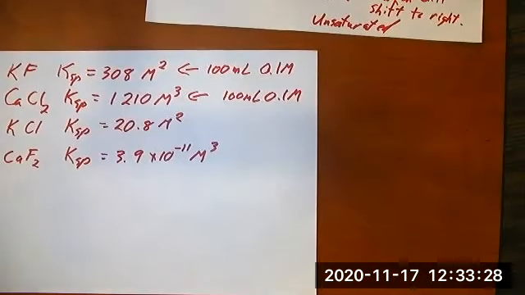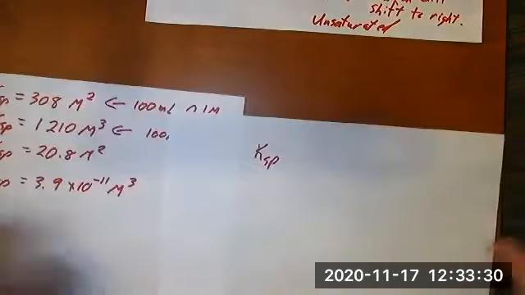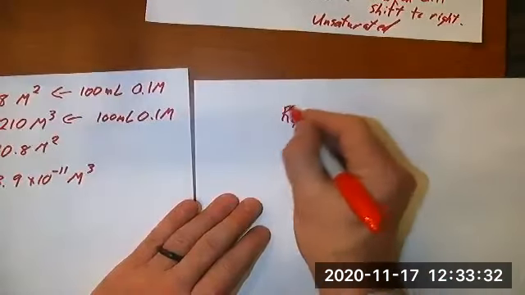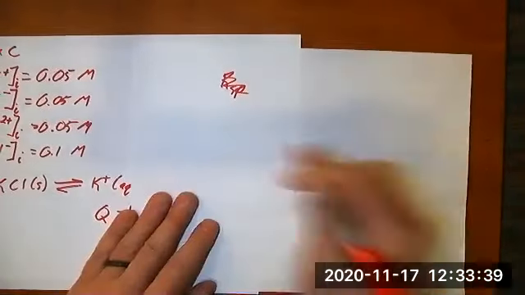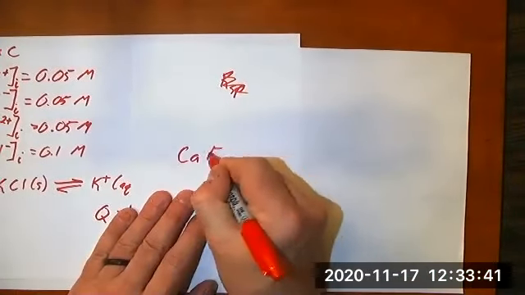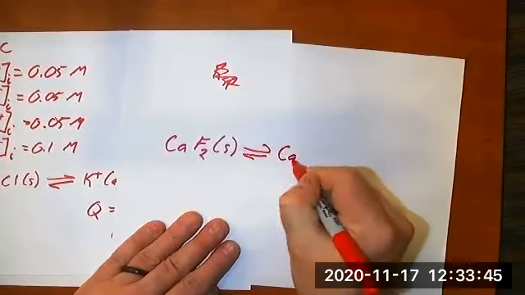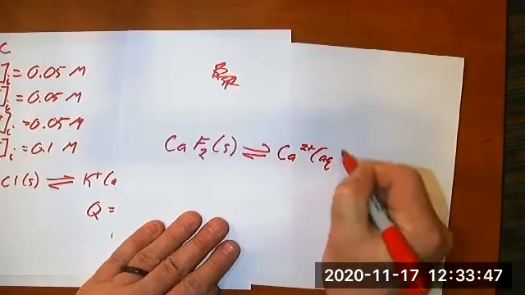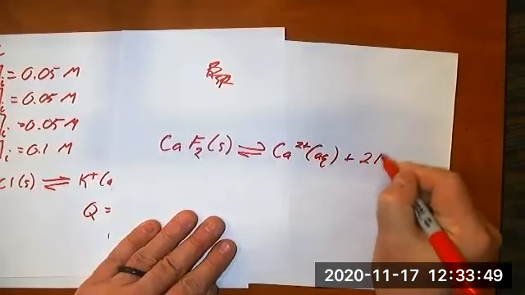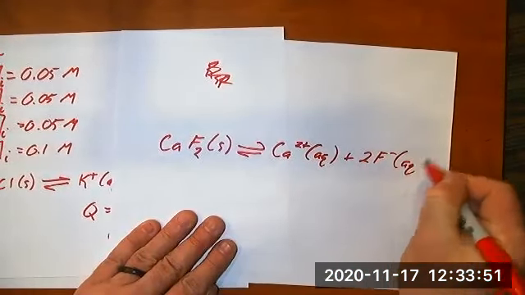Let's now take a look at the calcium fluoride example. So, we still need the data here. So, calcium fluoride, in equilibrium with Ca2+ aqueous plus 2 F- aqueous.